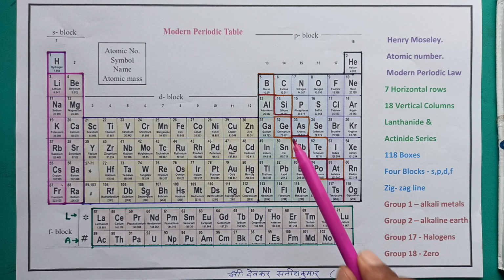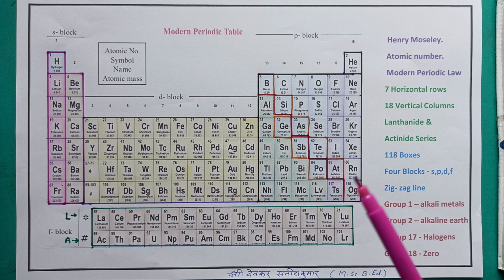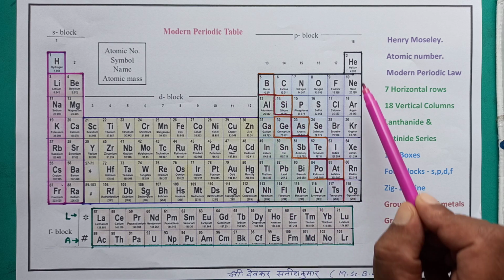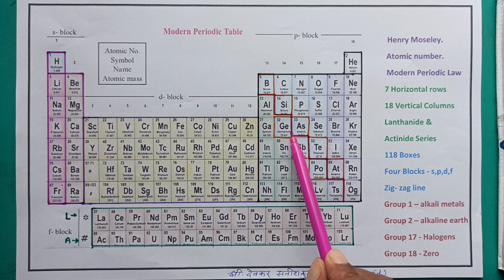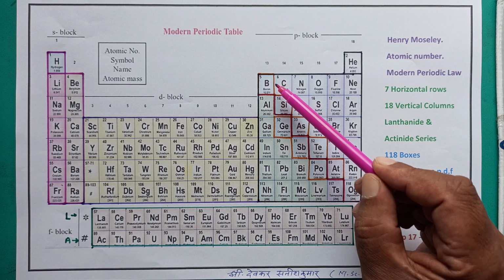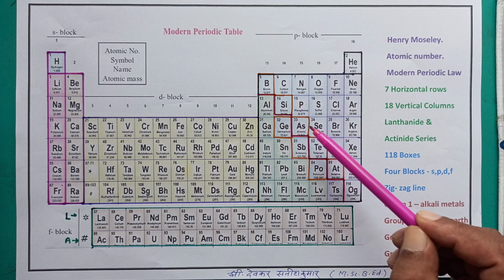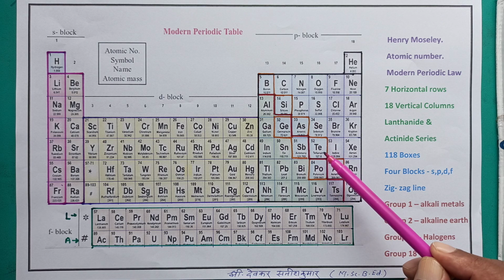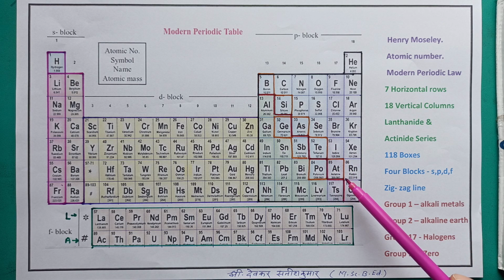Then the zigzag line. A zigzag line is present in the P block. This is the P block, and this red colored zigzag line is present, and metalloid elements are shown along the border of this zigzag line. Boron, silicon, germanium, arsenic, antimony, tellurium, polonium, astatine, these are the metalloid elements.